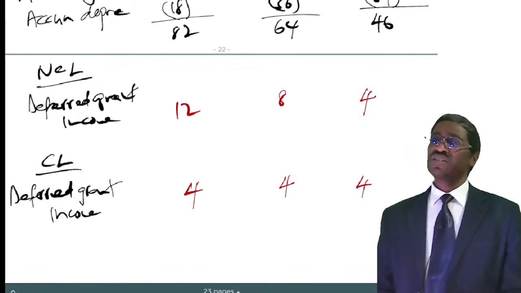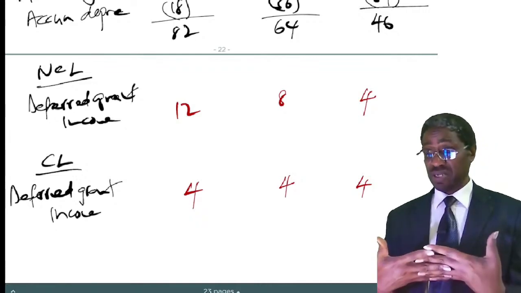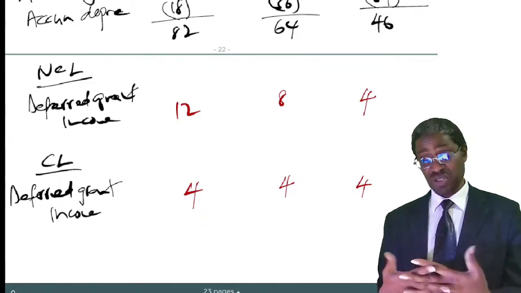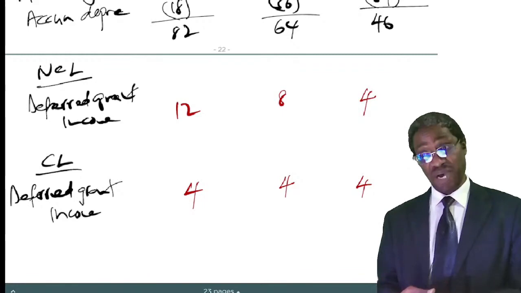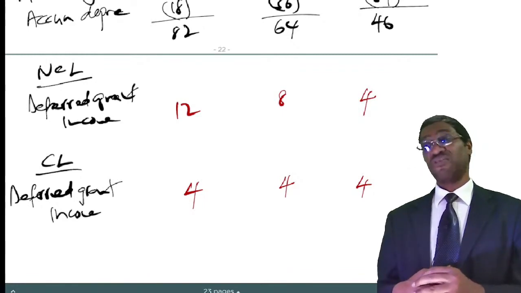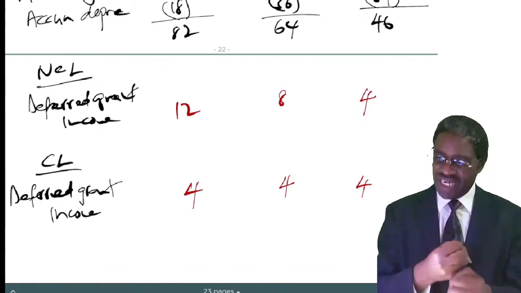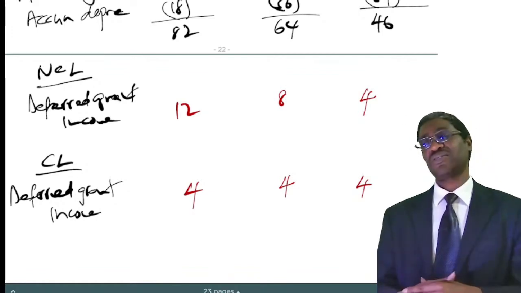See, that asset now will be depreciated on the reduced amount. On the reduced amount. Yeah? That's all we said about first method, where the grant is deducted against the cost of the asset.